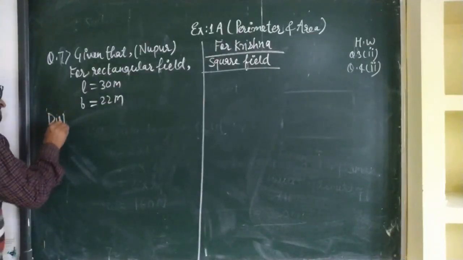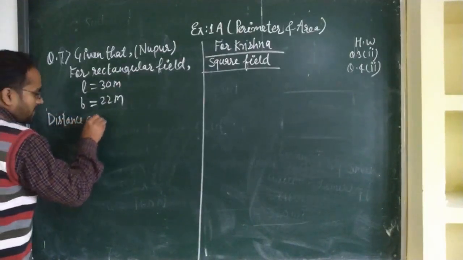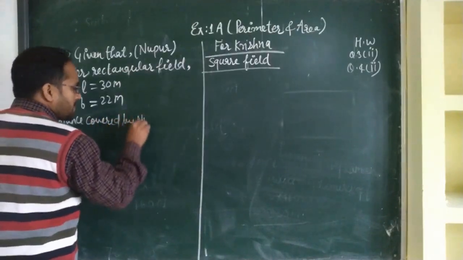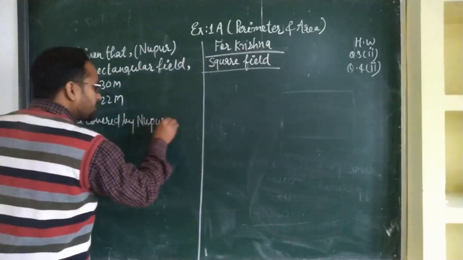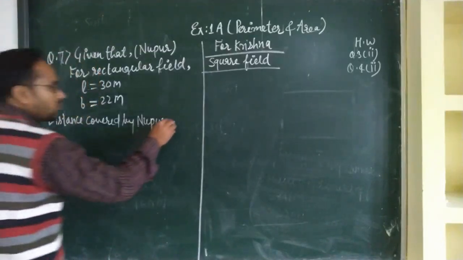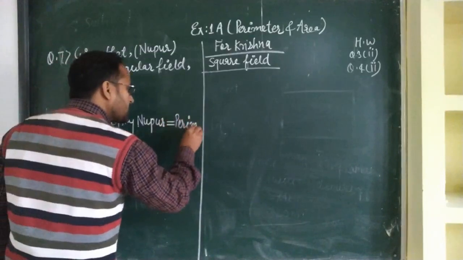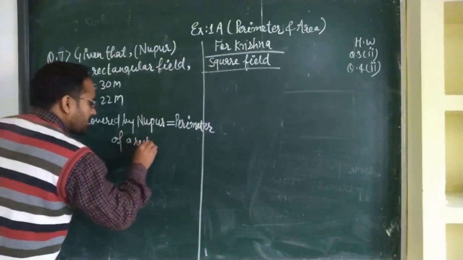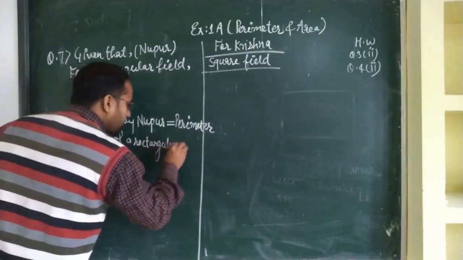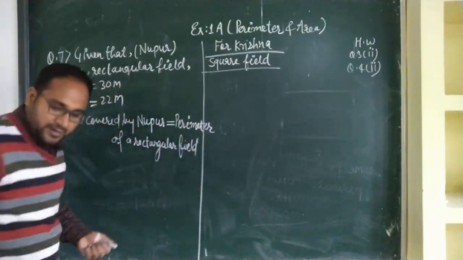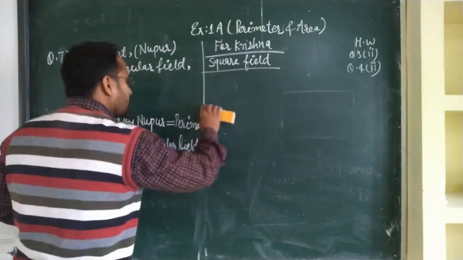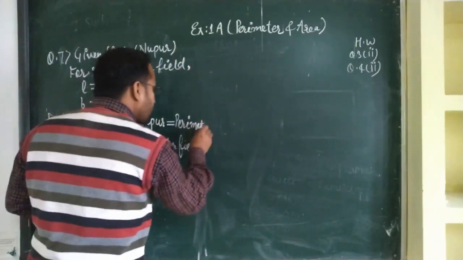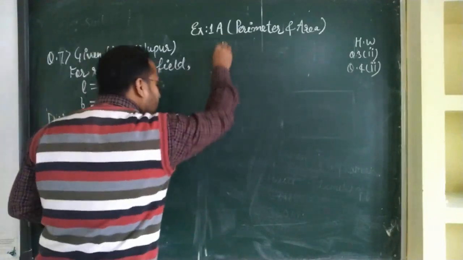Distance covered by Nupur is equal to the perimeter of a rectangular field.